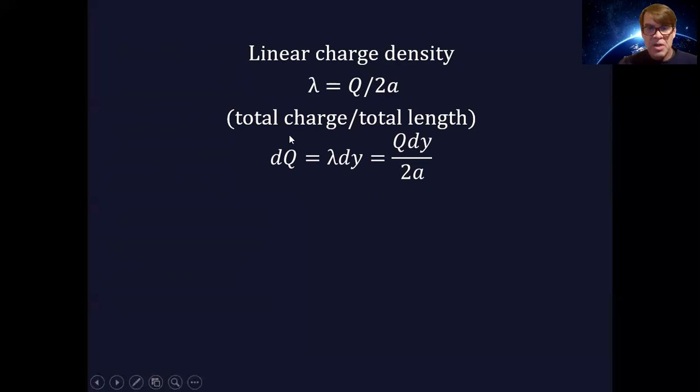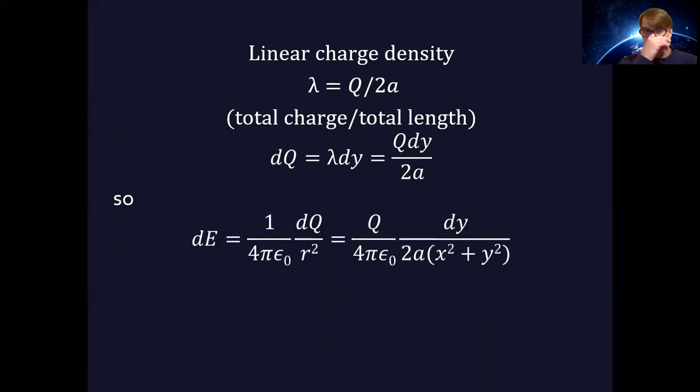Now, Q equals the charge density times the length, right? And so the infinitesimal charge is equal to the charge density times the infinitesimal length. We just said that lambda is q over 2a, so let's substitute that in for lambda, and we have dq equals q dy over 2a.